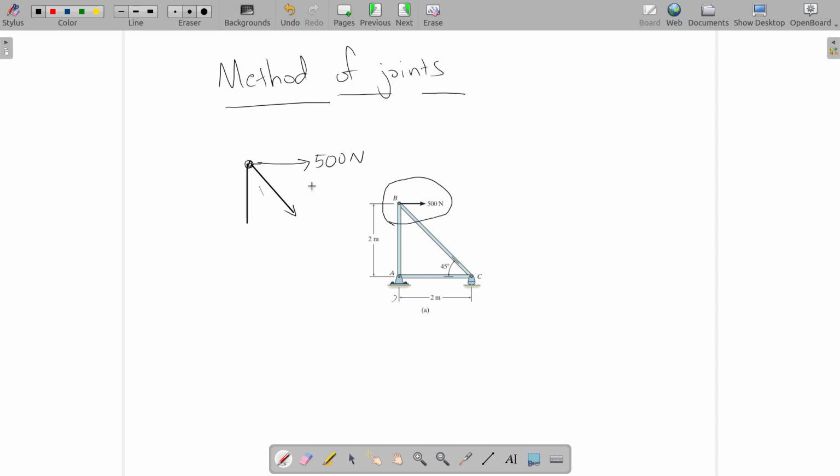That doesn't really matter, because when we try to solve the problem, we can simply assume the direction of each member. Let's say you have tensile force here. If you have tensile force here, this will be the direction of FBC.